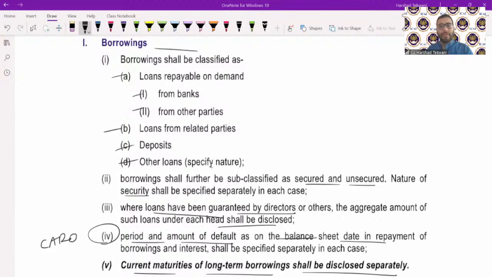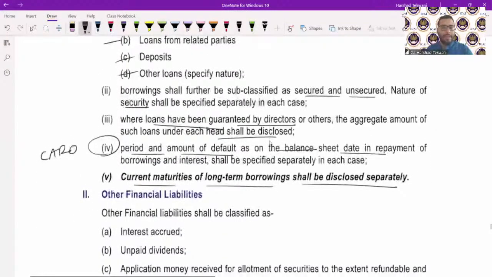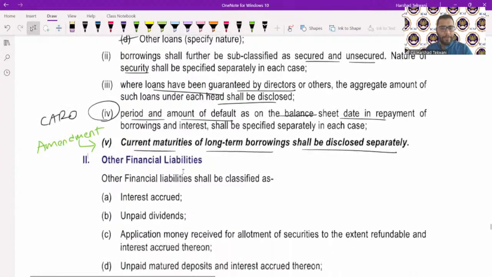Earlier, it was part of other financial liabilities, but now it is part of borrowings. So this is an amendment you can say over here. So current maturities of long-term borrowings will now be disclosed under borrowings which are of current nature under financial liabilities.